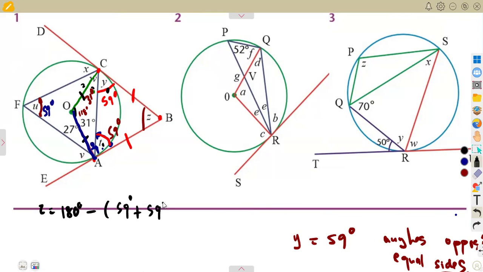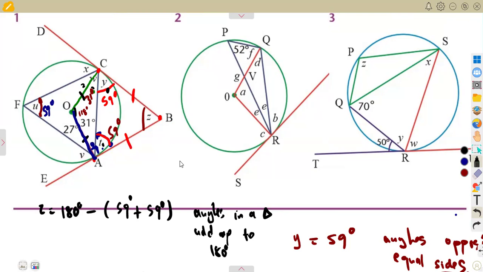They are inside of the triangle ABC. So that is angles in a triangle, they add up to 180 degrees. So that is the idea there.